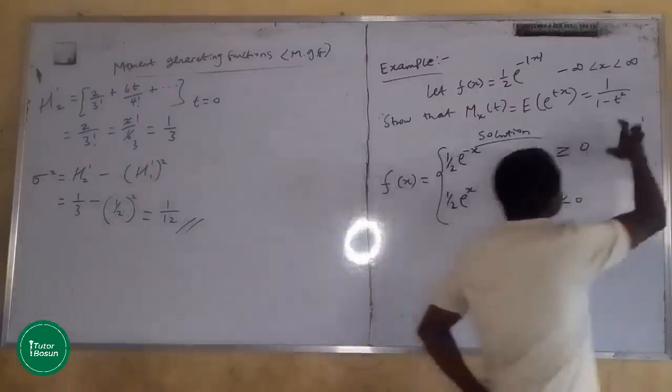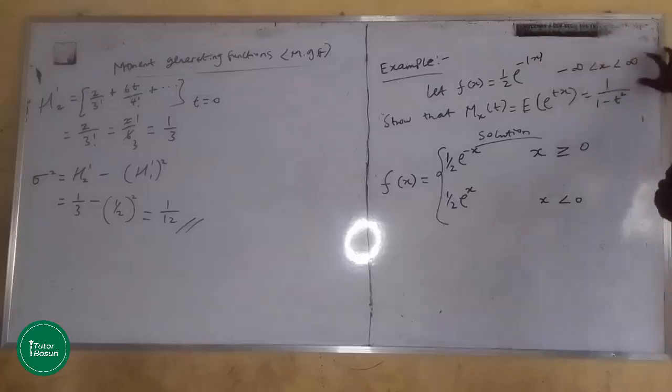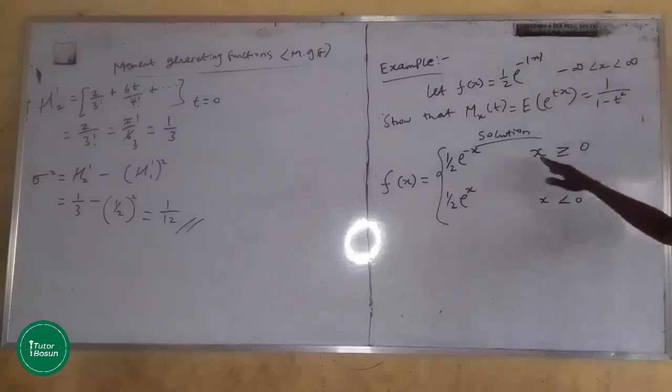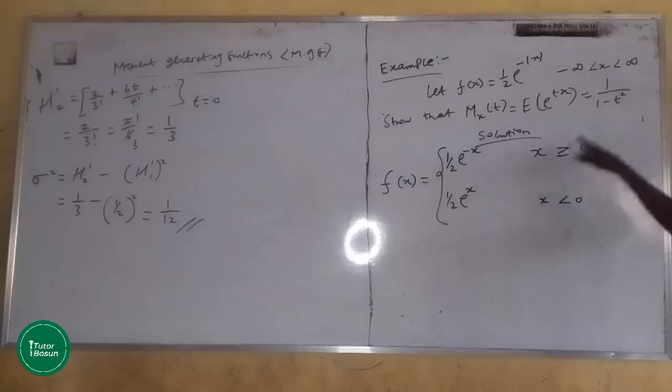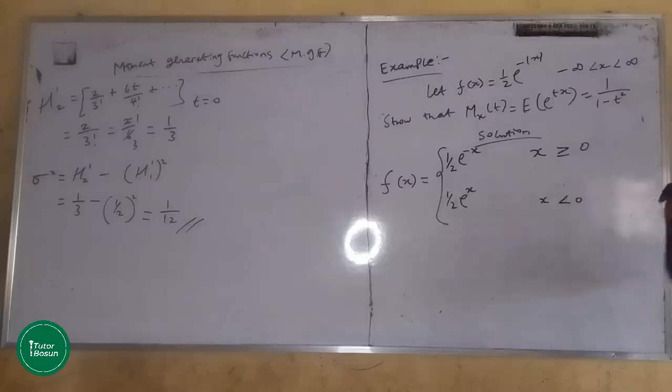What this is trying to tell us is still about the condition we are given. This one says x is greater than or equal to 0, it means that we are moving from 0 to infinity. And this one says x is less than 0, that is we are moving from minus infinity to 0.